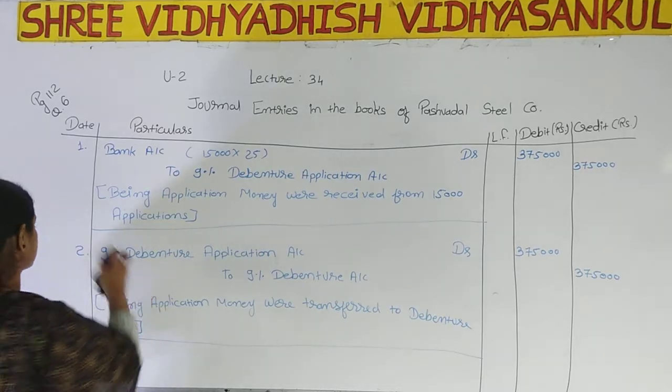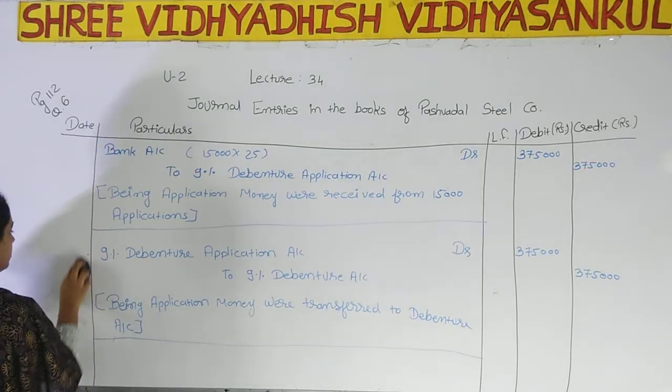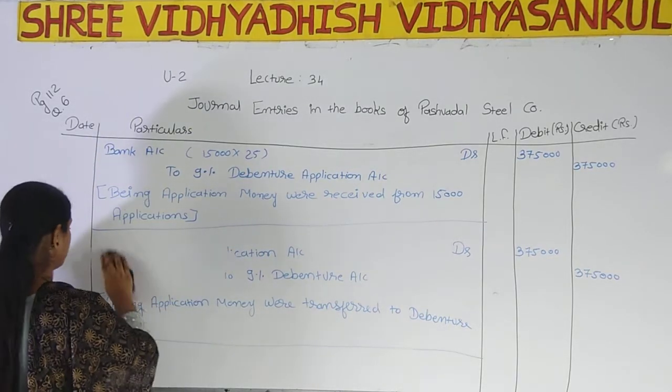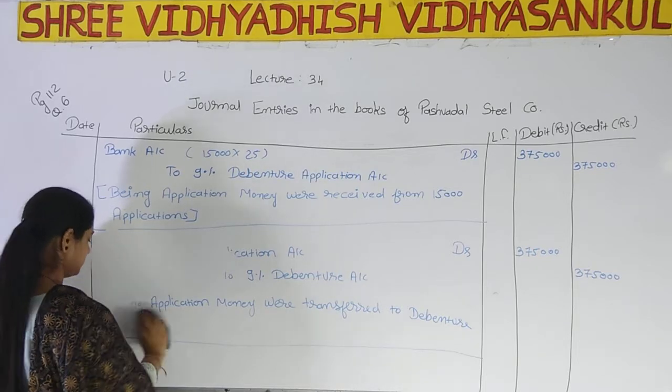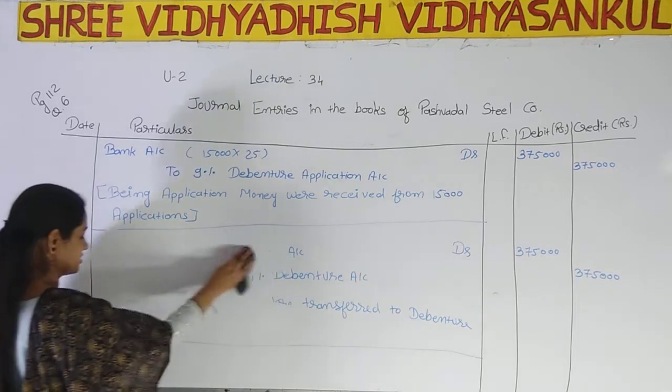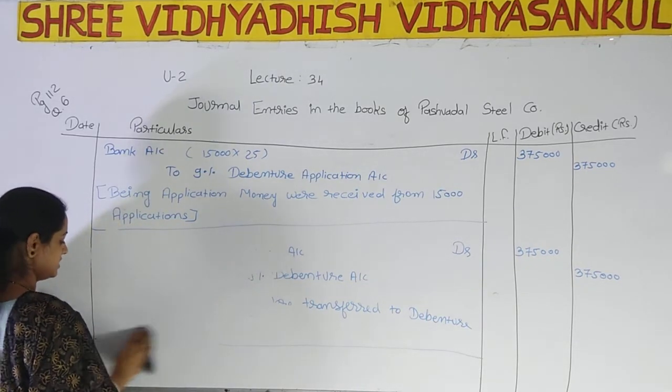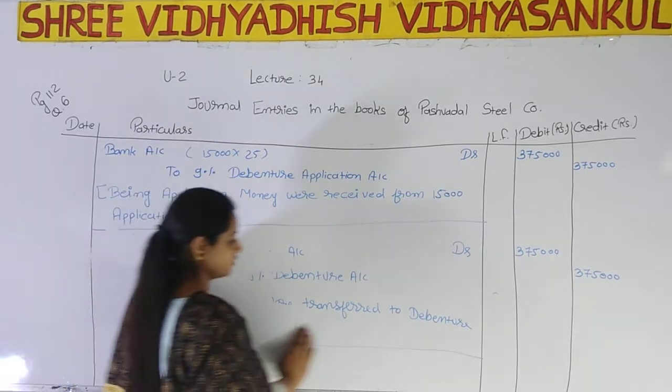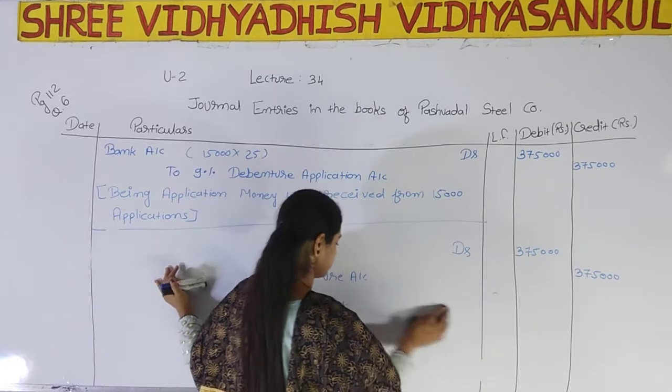Okay, next. The next one will be for allotment. But in allotment there is discount. As we were crediting premium, we have to debit discount. Premium account is always credited, discount account is always debited.